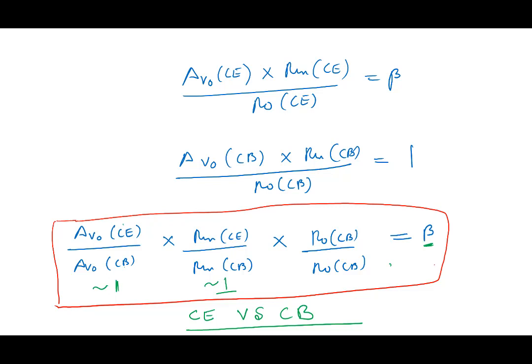So the advantage of common base does not come in terms of AV0, Rn or R0. These are not the advantages. These are actually inferior things. The advantage of common base is in its superior frequency response.